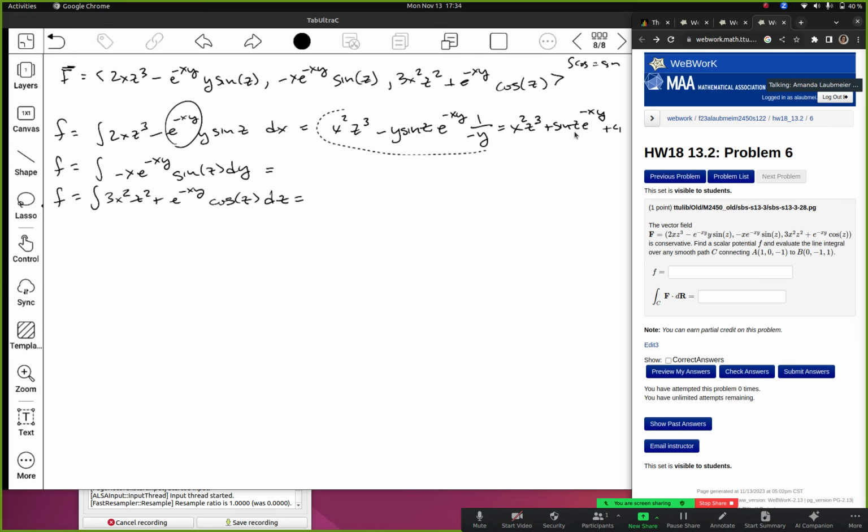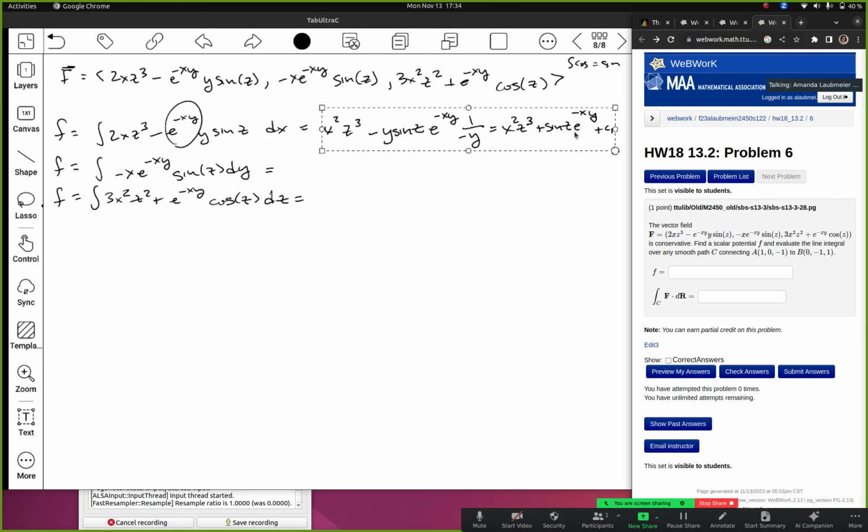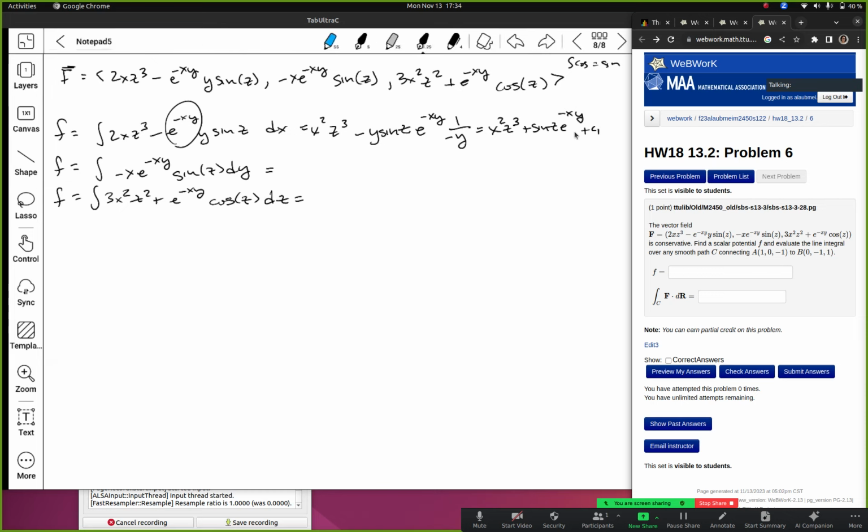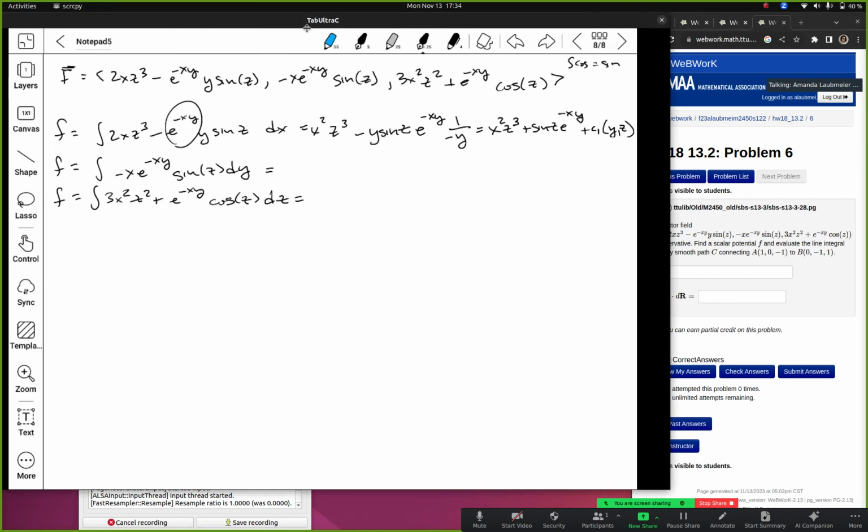But I did not give myself enough space for that, so let's just scooch everything on over. So that's something that could depend on y and z, and so wouldn't appear in the derivative with respect to x of an antiderivative.